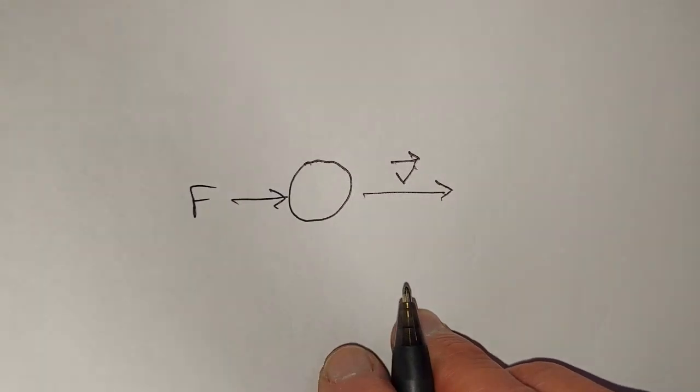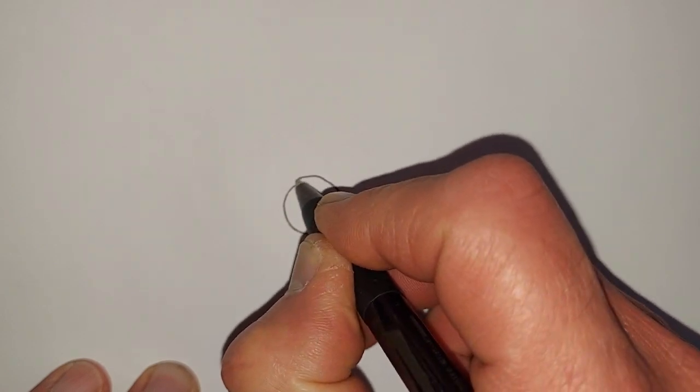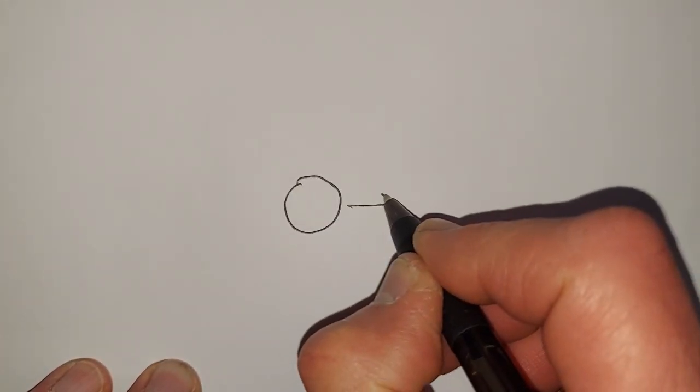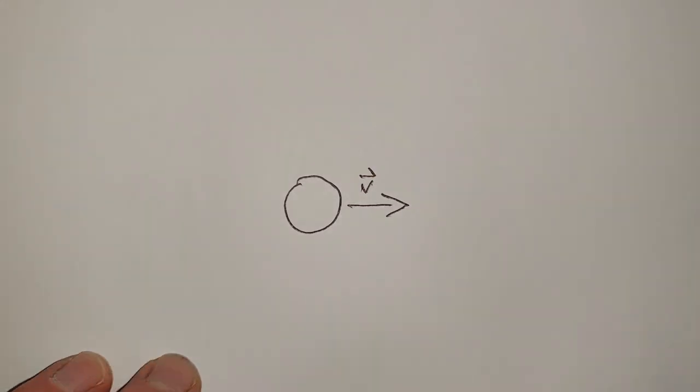Now, if an object is moving with a constant velocity, so we have an object here, and it has a velocity that's constant, okay? And then it speeds up or slows down, that's a result of an external force being applied to it because its velocity is changed.